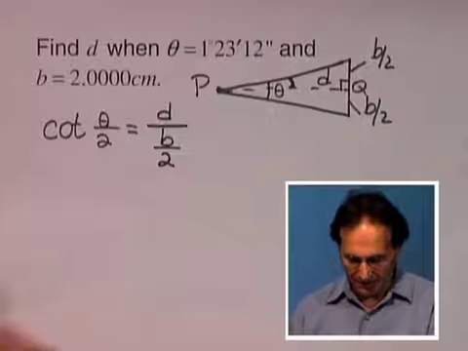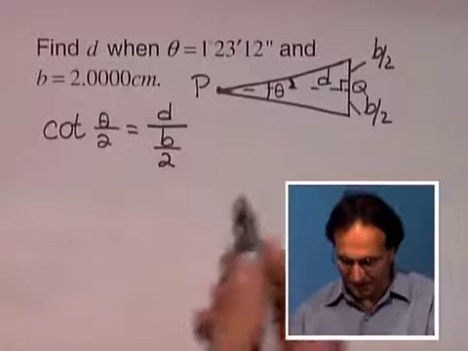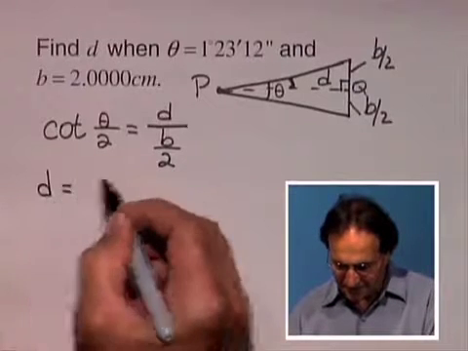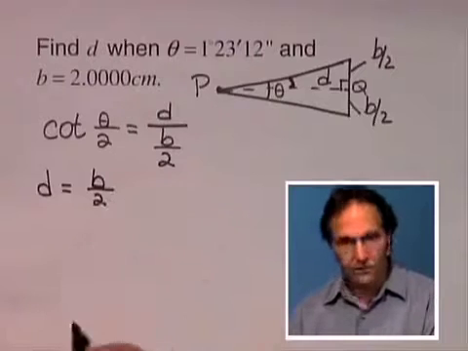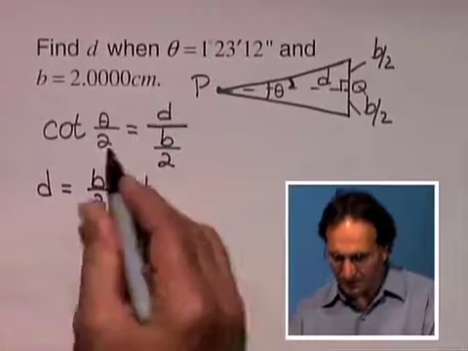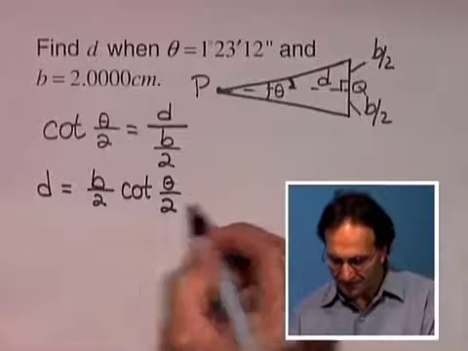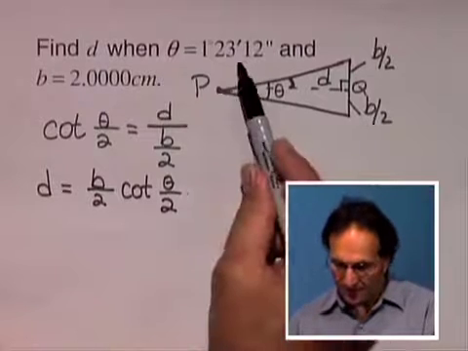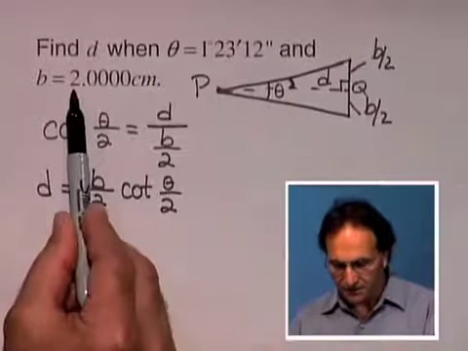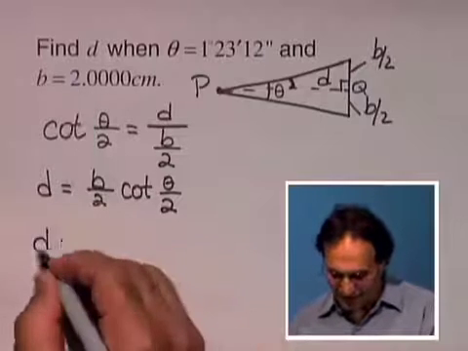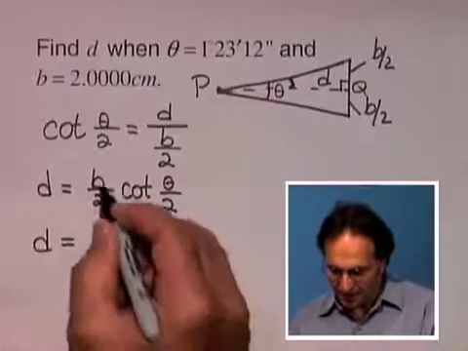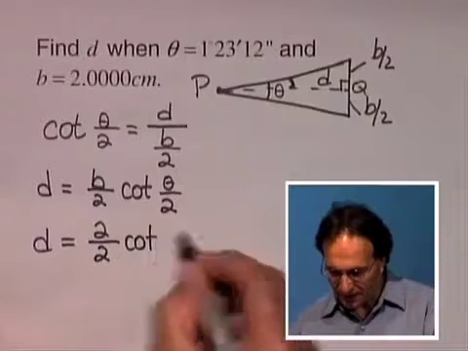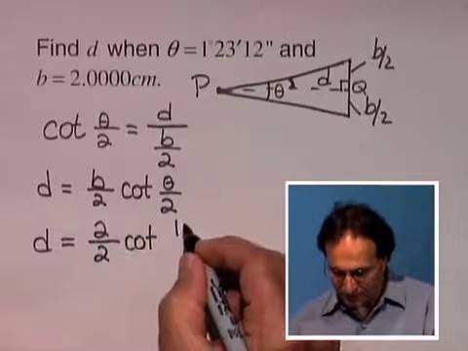Let's simplify that a little bit and solve for d at the same time. So we'd multiply by b over 2 and find that d is equal to b over 2 times the cotangent of theta divided by 2. Let's take the information that we're given: here's the angle theta, here's the side b, and so we know that d is going to be equal to b, which is 2, divided by 2, times the cotangent of theta, 1 degree.